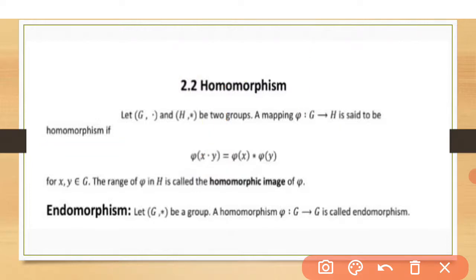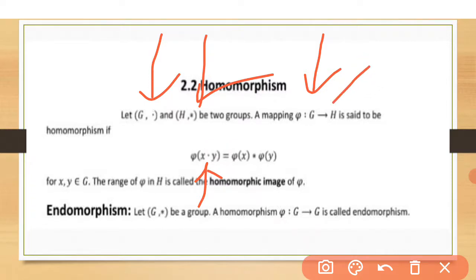You can see that G is with operator dot and the mapping is from G, so the domain is G. Here the operator is dot, but H has operator star and H is the range. So the operator is preserved in this type of mapping, which is called homomorphism.